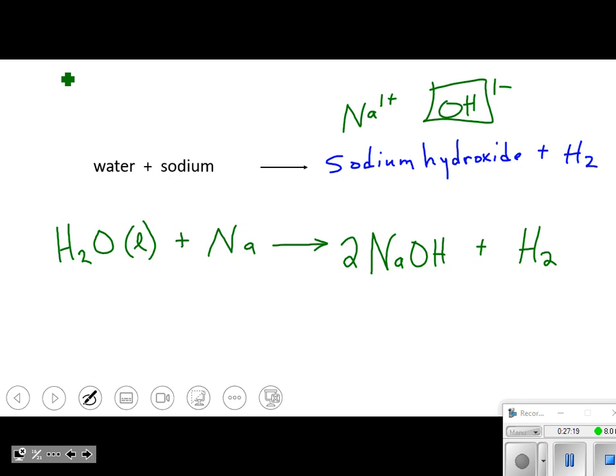So now I have 2 hydrogens, 4 hydrogens, and 2 oxygens. How about 4 hydrogens and 2 oxygens? Yes. So that leaves me with, just putting that 2 in front of sodium. Now I have a balanced chemical equation.